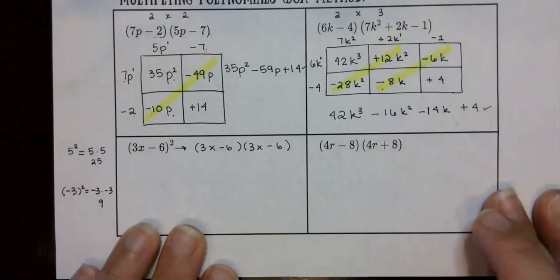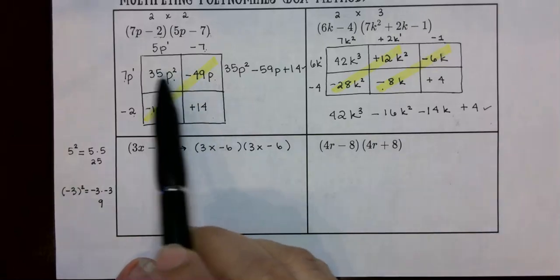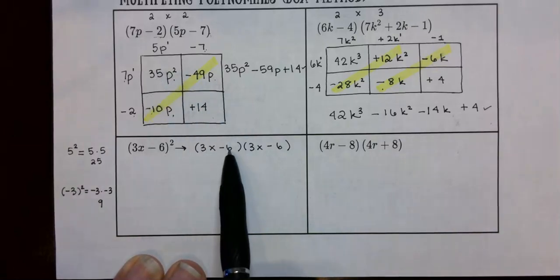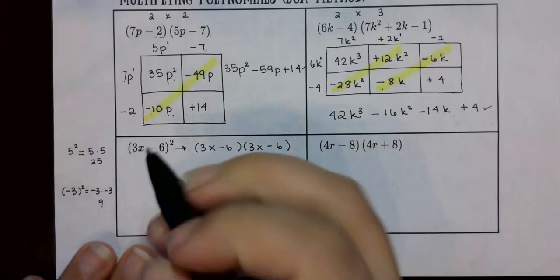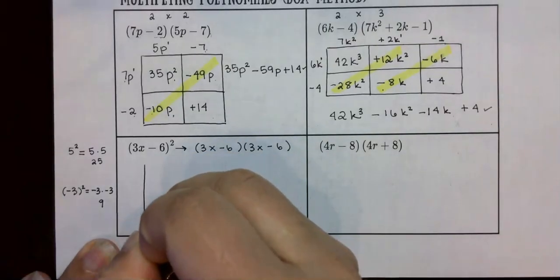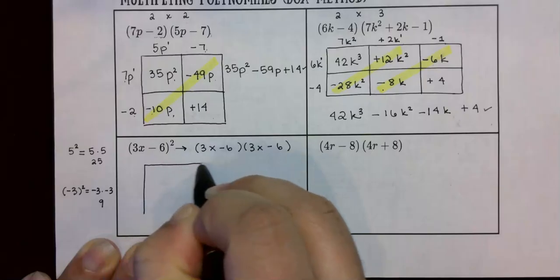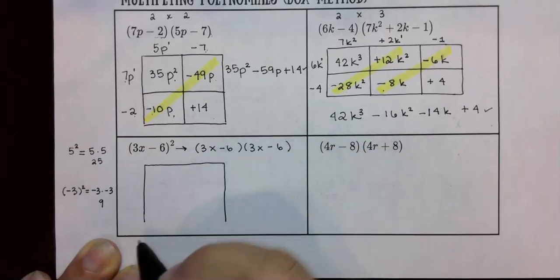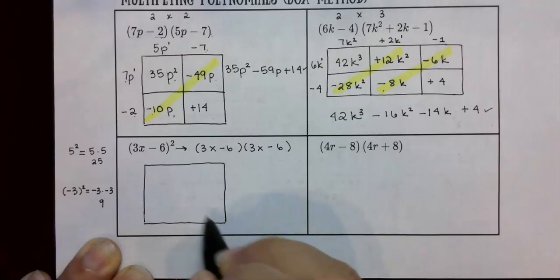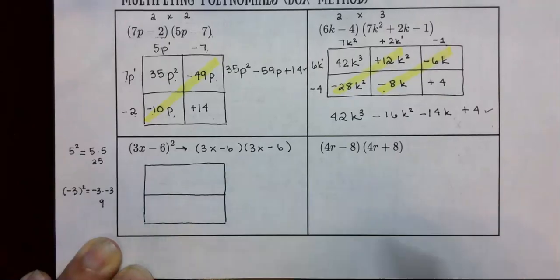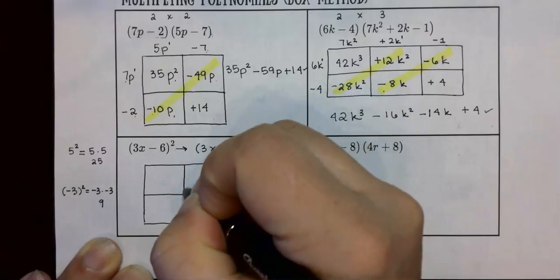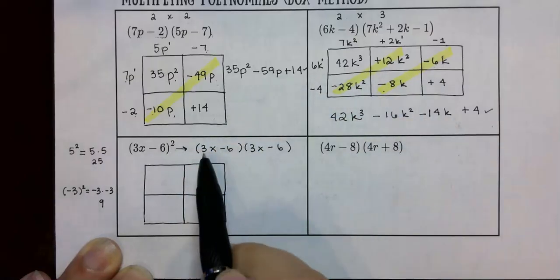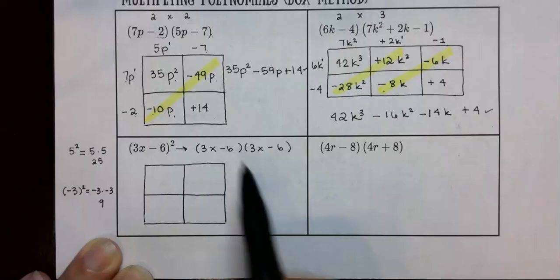From here, I'm going to organize this into my 2 by 2 box, because there are 2 terms in the first one and 2 terms in the second one. Let me go ahead and create my box. Make sure that when you create your box, you leave enough room to write inside each one. Here are my 2 rows, here are my 2 columns, and I'm going to keep my 2 terms on the same side.